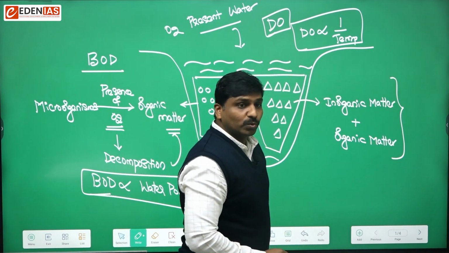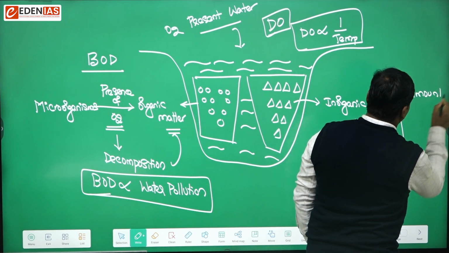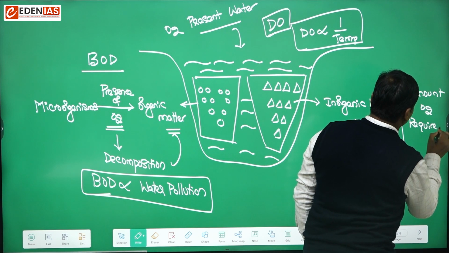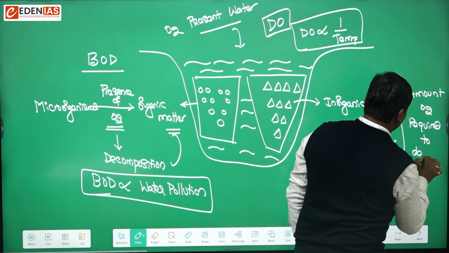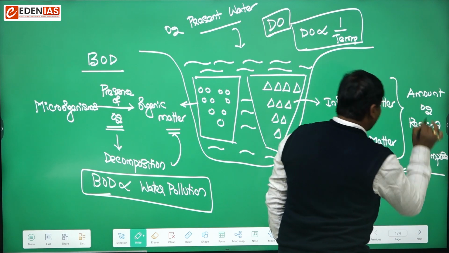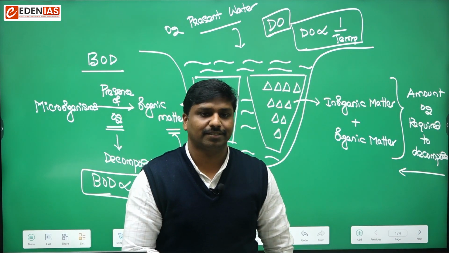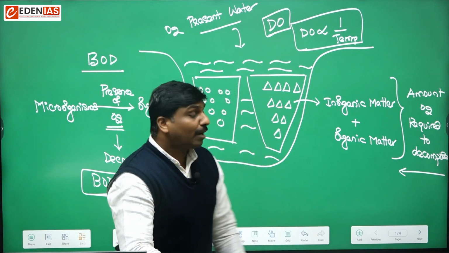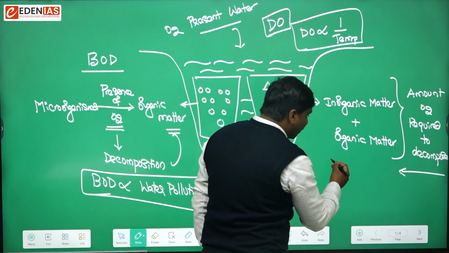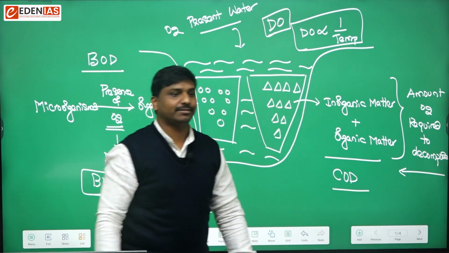COD refers to the amount of oxygen required to decompose both organic and inorganic matter. That amount of oxygen is the chemical oxygen demand.